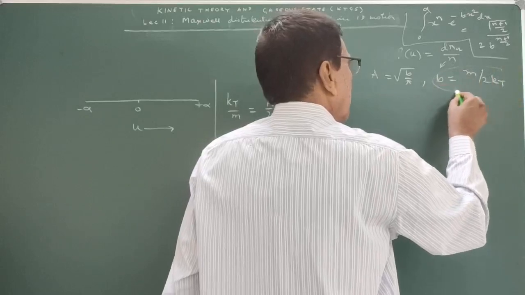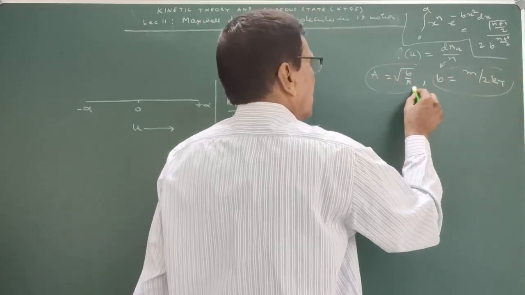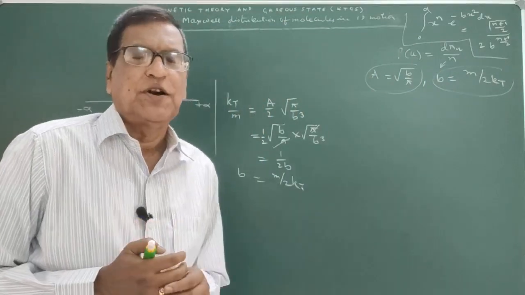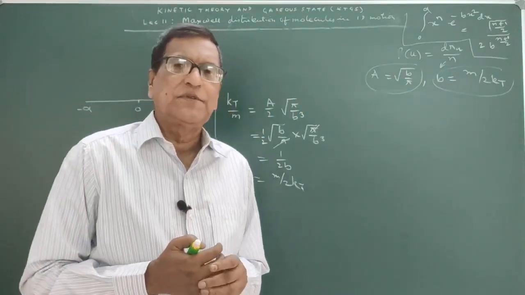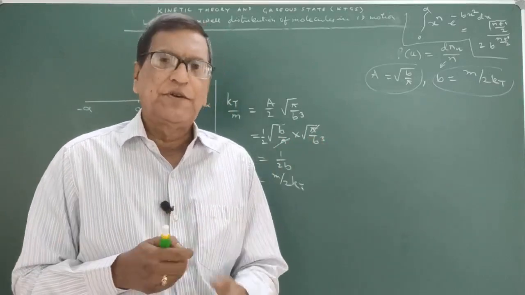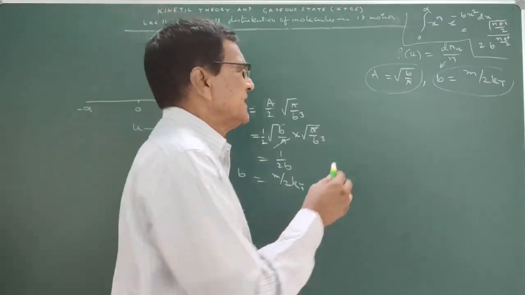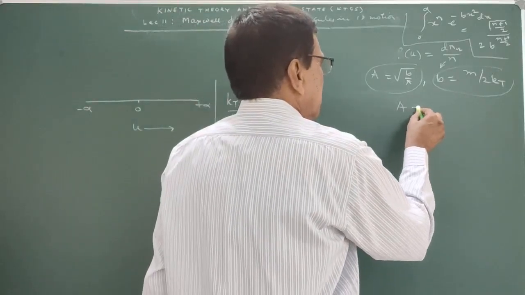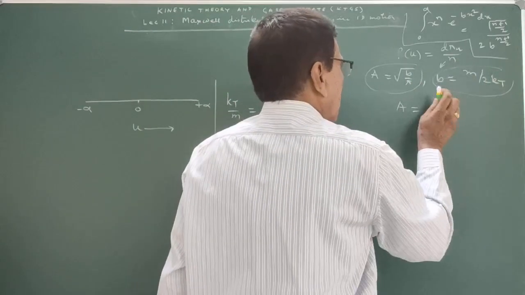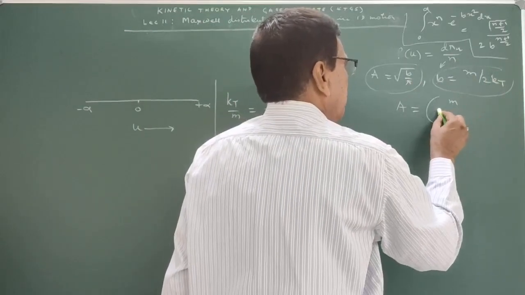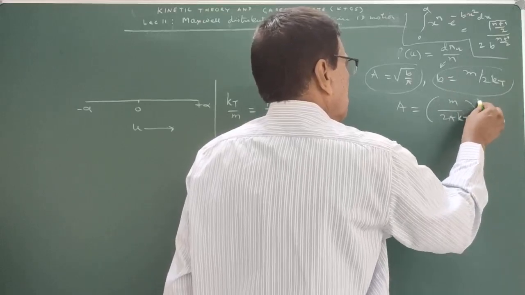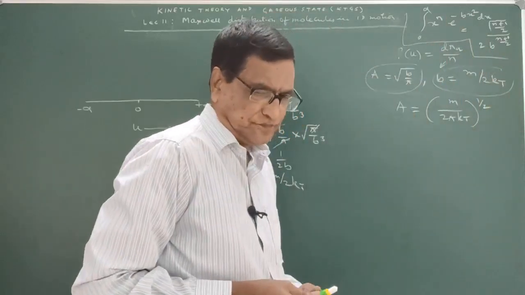So the values of A and B have been calculated by the use of the normalization condition of this function and by using the data from kinetic theory of gas. So A equal to, putting the value of B here, root over of, or you can write this, m by twice pi kT to the power half.